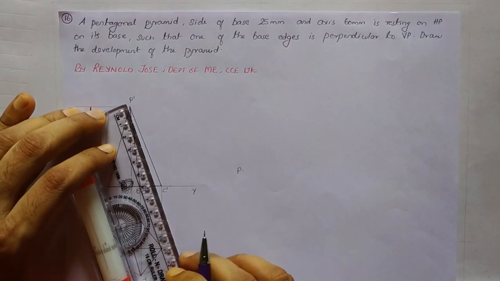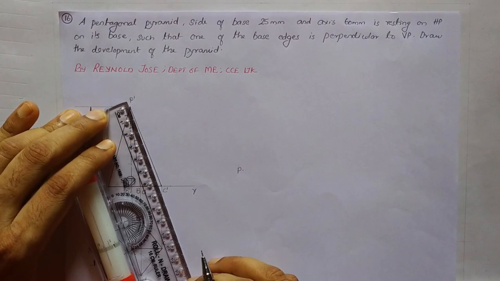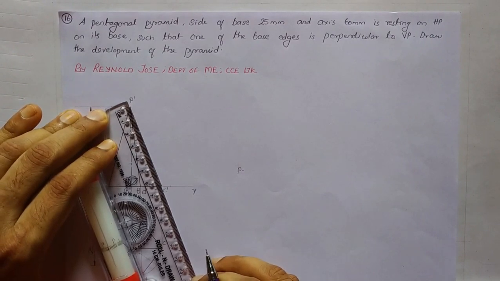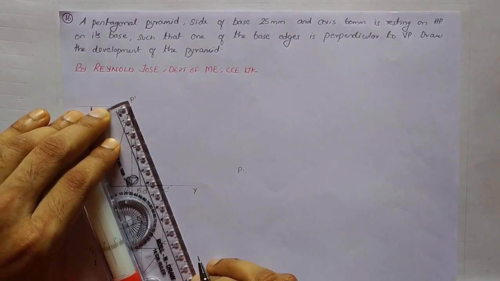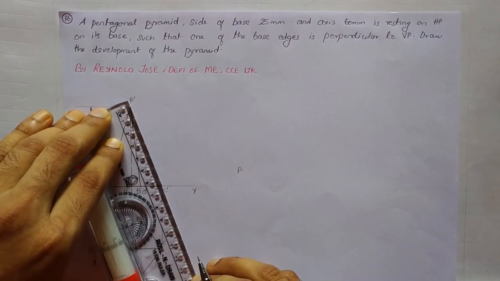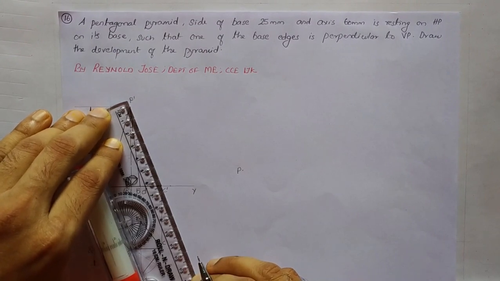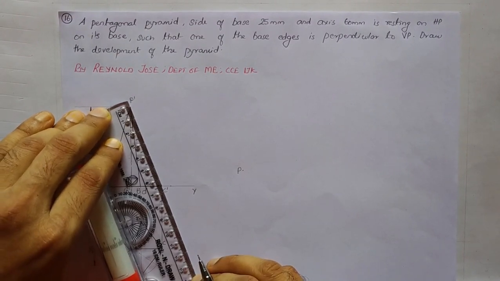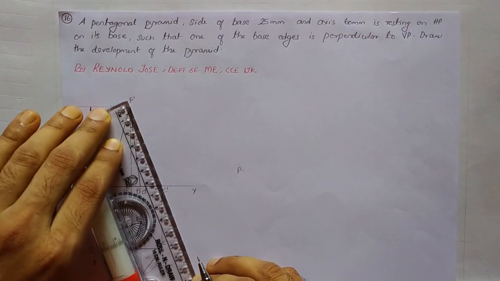Now we shall measure the true length of the slanting edge, which is the length of P dash C dash. It is approximately 64, or sometimes you will get 65 also. Whatever value you get, you take it as such. For the time being, I am taking it as 65 here.